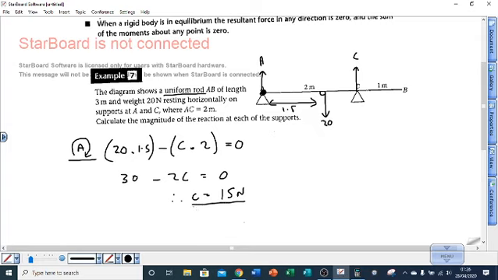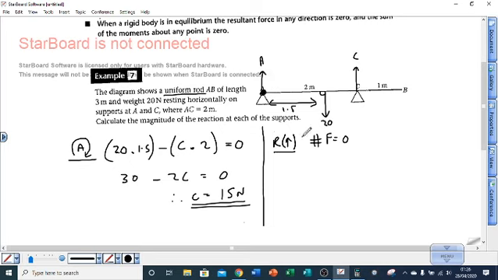And you can either take moments at this stage now about this point and it will find this, or you can resolve vertically upwards. Okay, so I want to resolve vertically upwards and say up is positive, and we know we're going to be using net forces, because it's in equilibrium, is equal to 0.